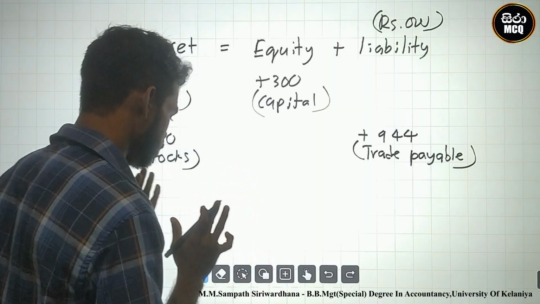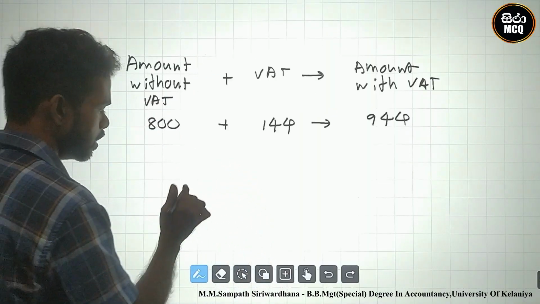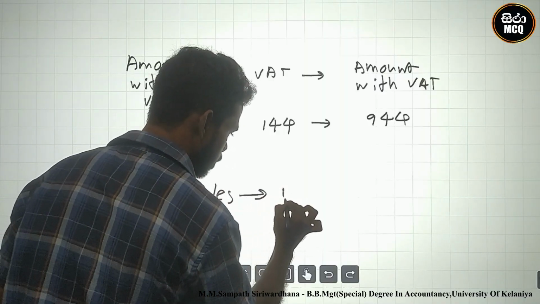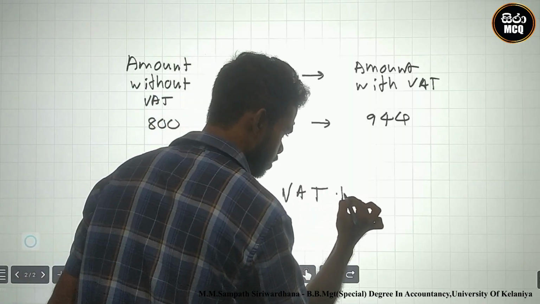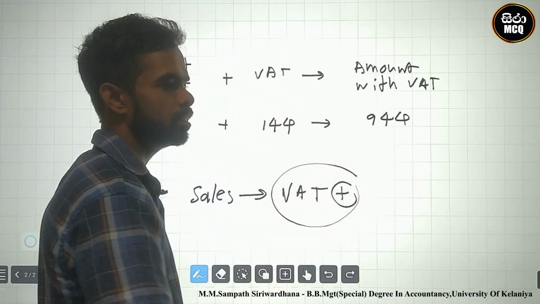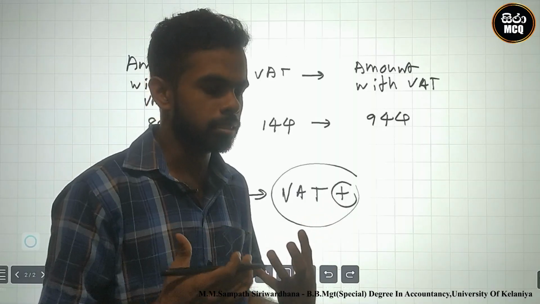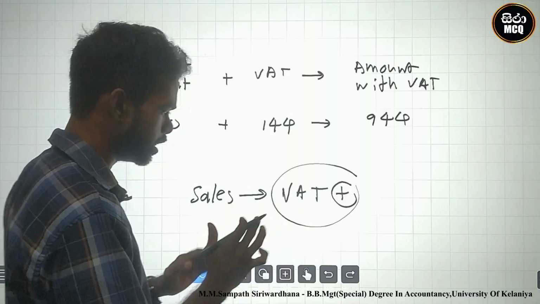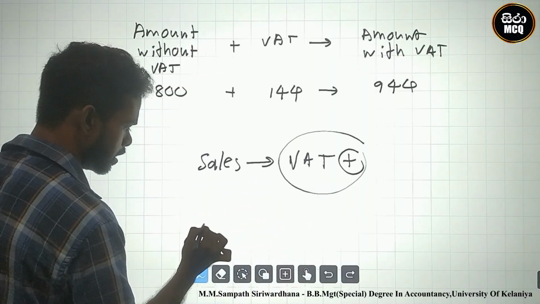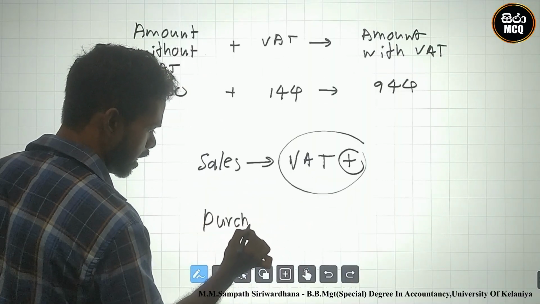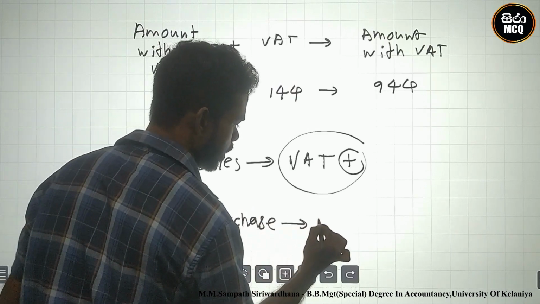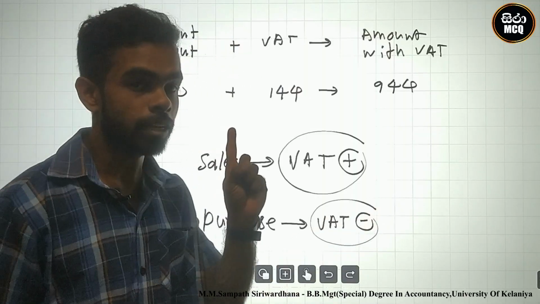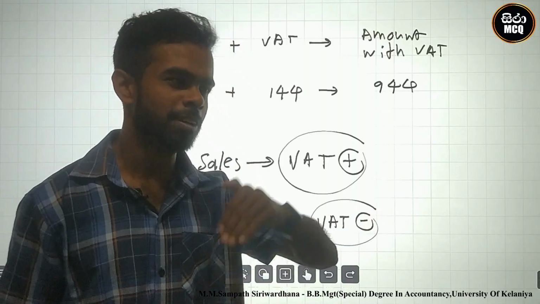At the sales, remember this, VAT should be payable, VAT plus. At the selling point, I am a business selling some goods, and VAT is increasing. But at the purchasing, VAT is deducted. Purchasing VAT deducting, sales VAT plus.